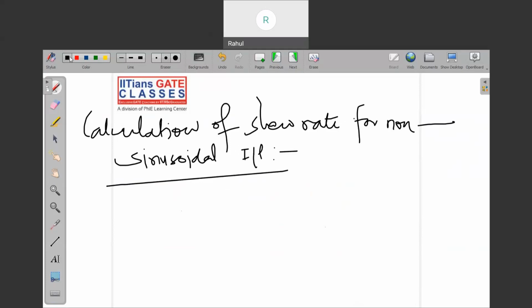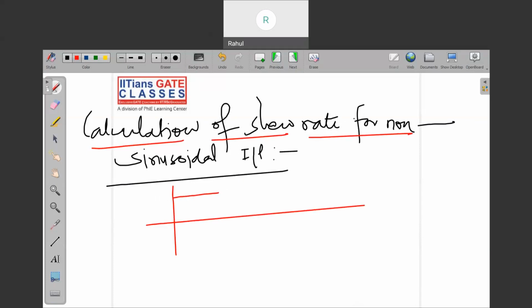Till now we were talking about a sinusoidal input, Vm sin omega t, and trying to calculate the slew rate. But now suppose Vi is like this kind of waveform. Then how can you find the slew rate?